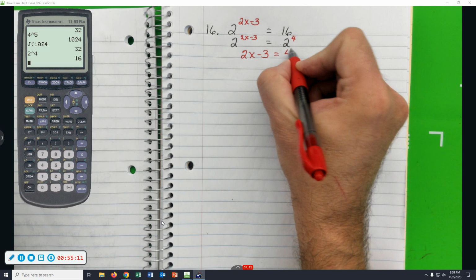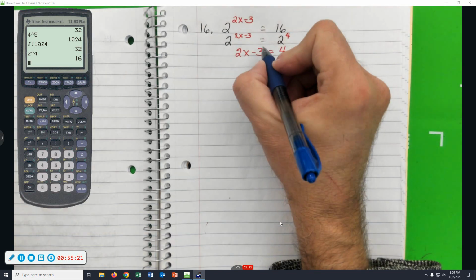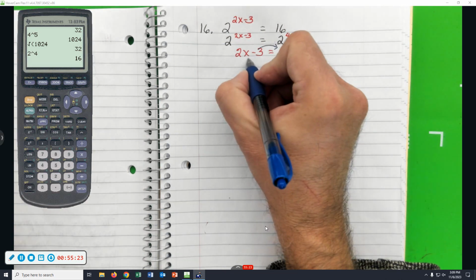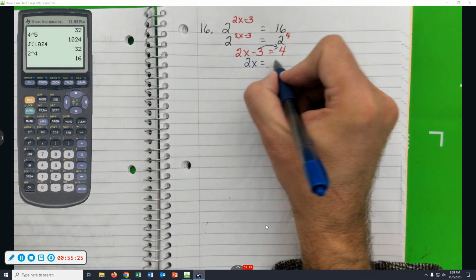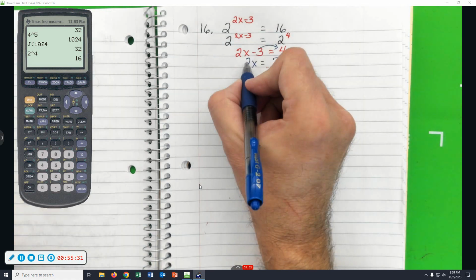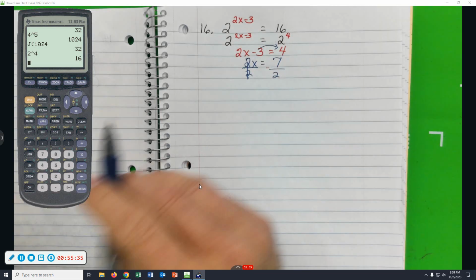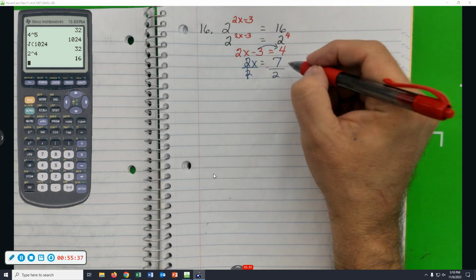Is it an equation we know how to solve? Yeah, it's a linear equation. Isolate that x. What will we do first? Add 3 to both sides. So we have 2x equals 7, 4 plus 3. Then divide by 2. So x equals 7 over 2.